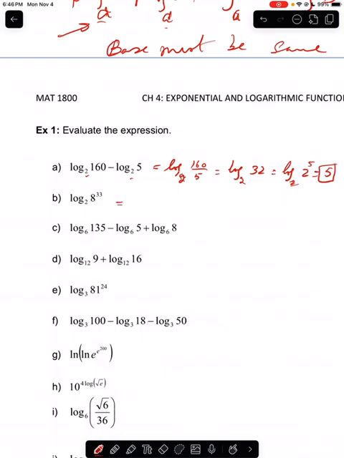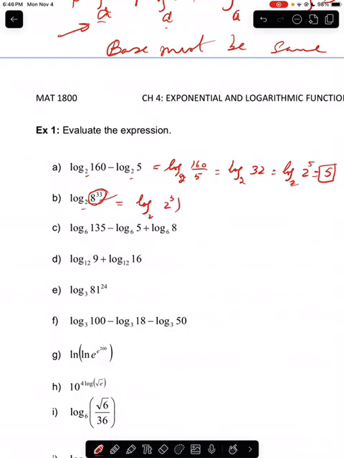So the base is 2, and we have the quantity 8 raised to 33. We are not going to raise 8 to the 33rd power, that's crazy. But what we have to do is, can I write this whole expression as a power of 2? So we try to think, and we know that 8 can be written as 2 to the 3rd.